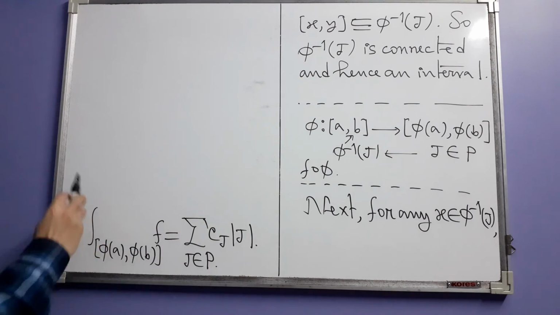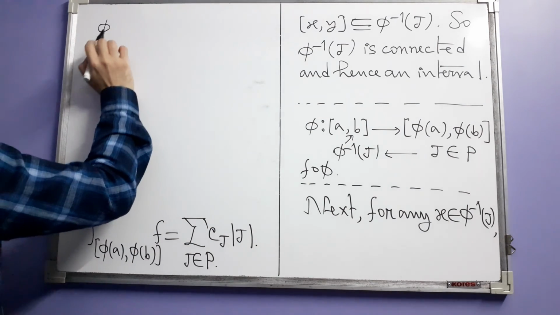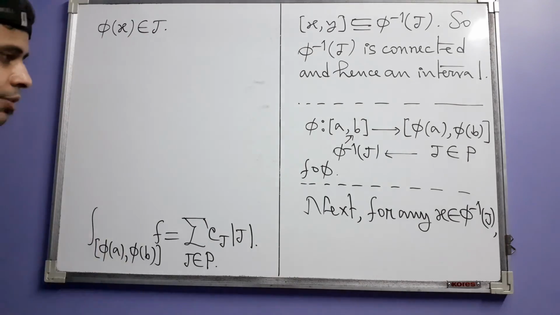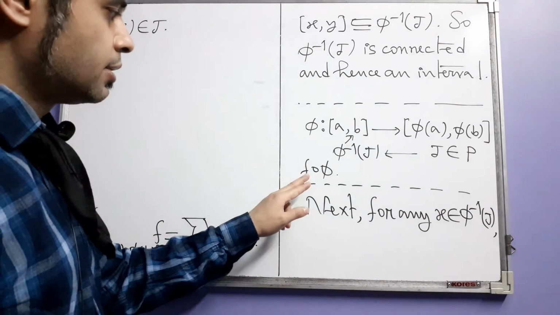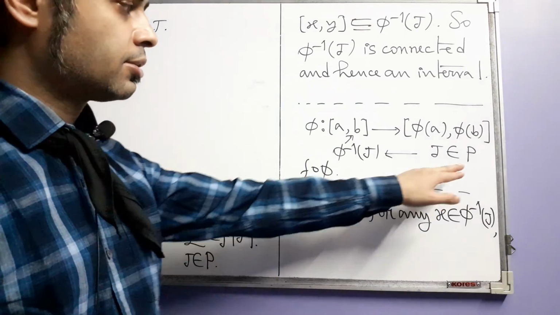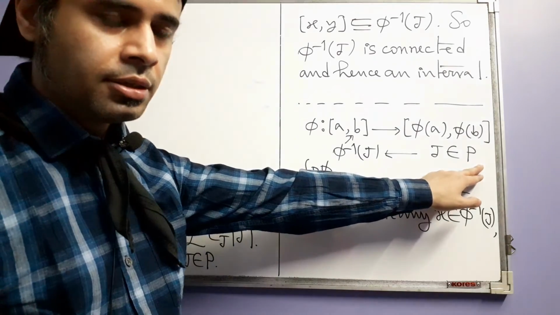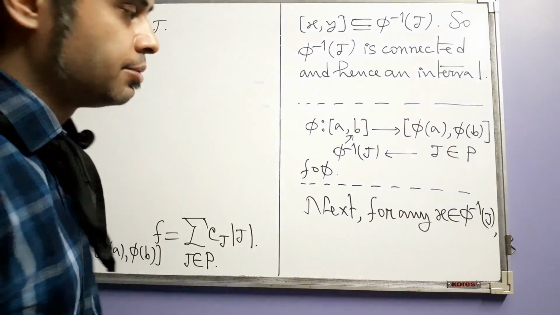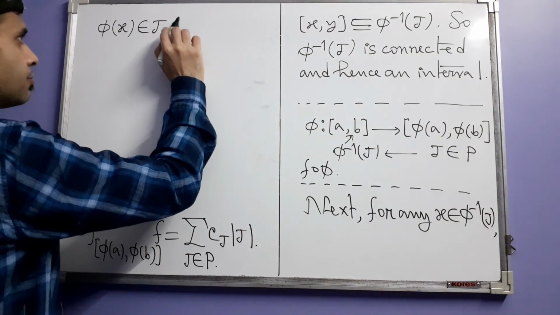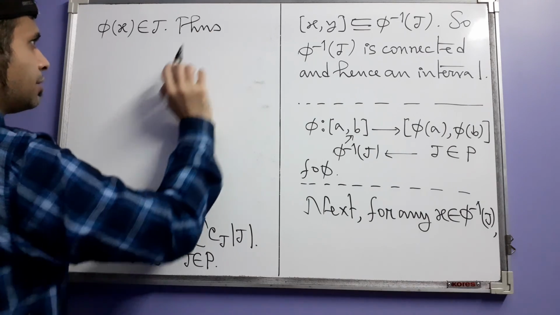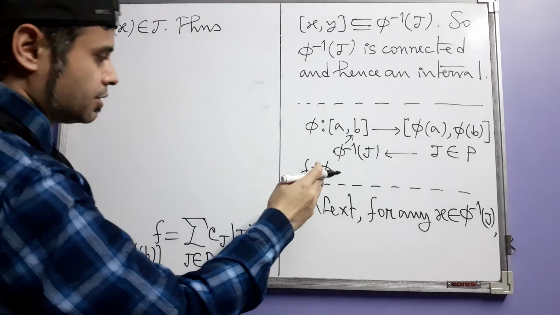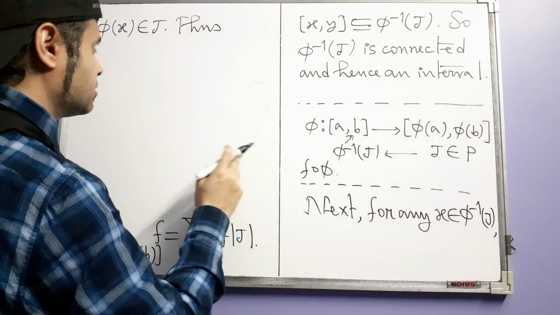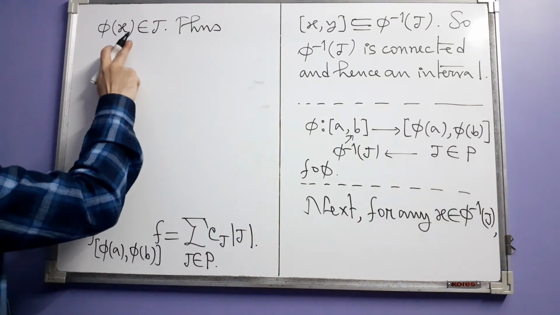Because x is there, phi of x will belong to J. However, we already know something, since we know that f is piecewise constant with respect to the partition P, so f has a constant value on J, that's Cj. That means at any point of J, if we calculate f, we are going to get Cj, in particular at this point also.